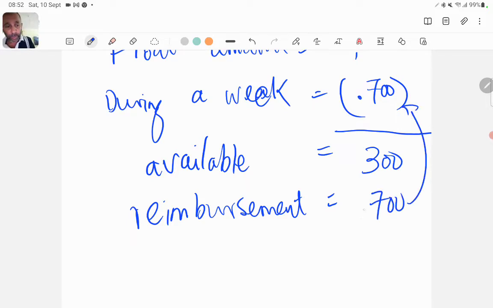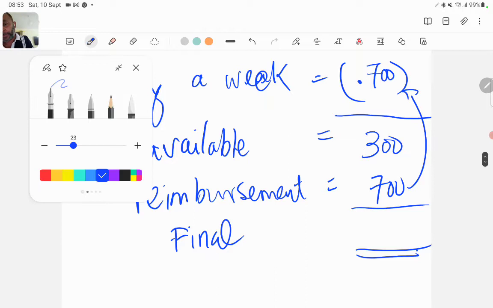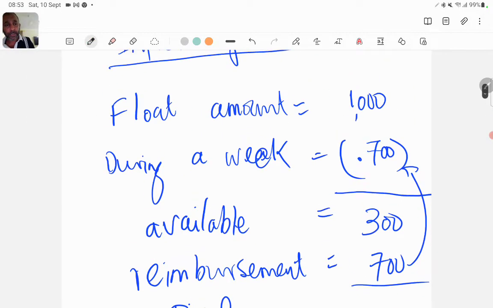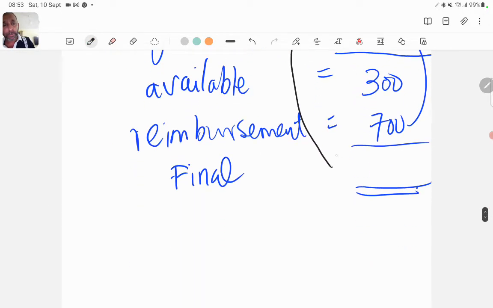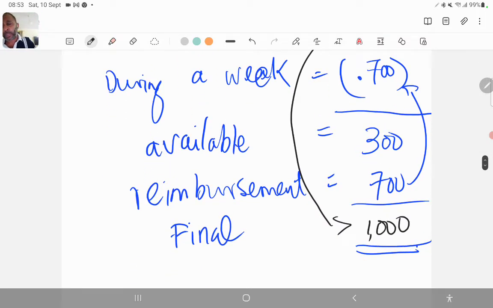And also after reimbursement, the total balance or the final balance available should be the original float, that is 1000. So this is the interpretation or the meaning of imprest system with regard to petty cash.